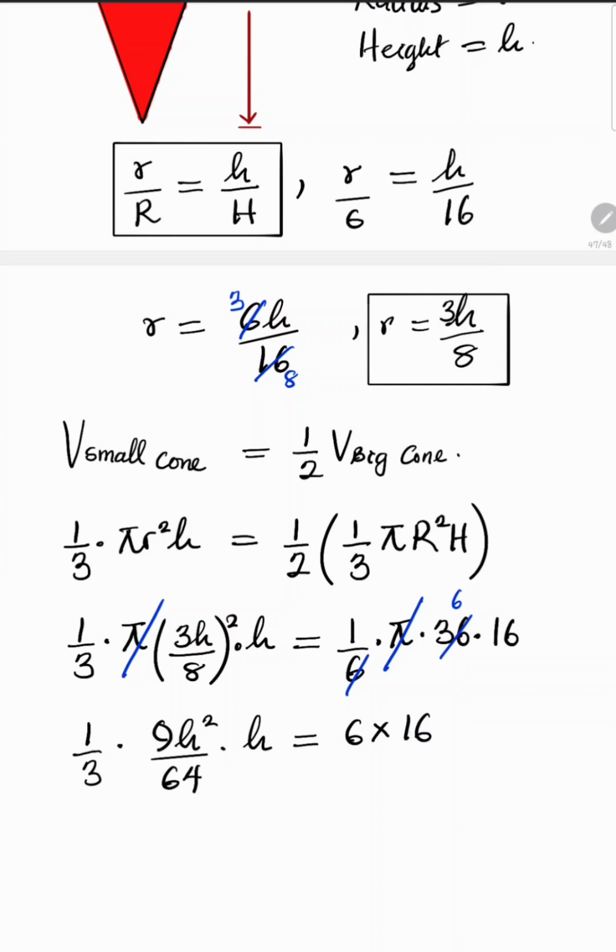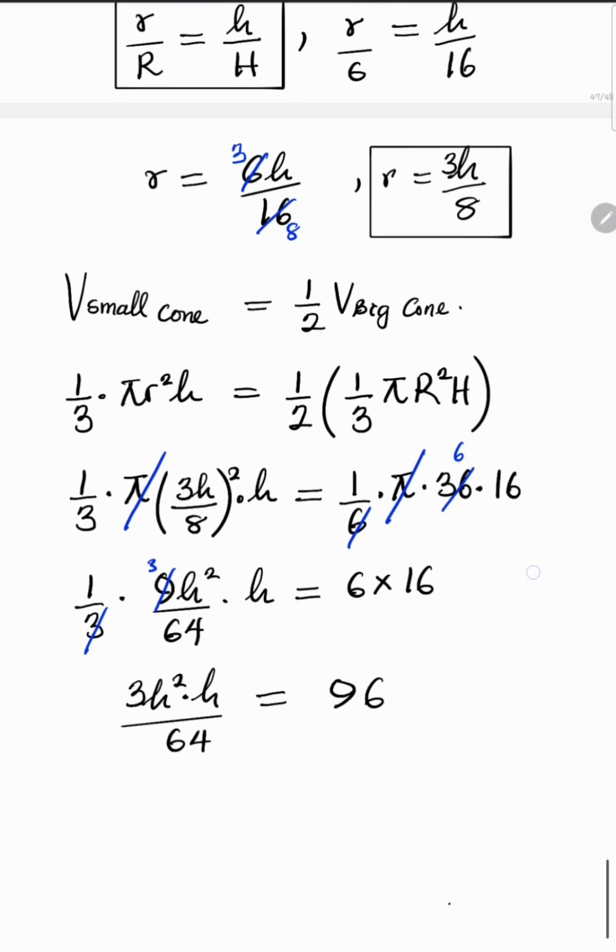On our left hand side we can reduce this as 3 here 1, 3 here 3. So we have 3h square dot h over 64. And on our right hand side, which is 16 times 6, which is giving us 96.